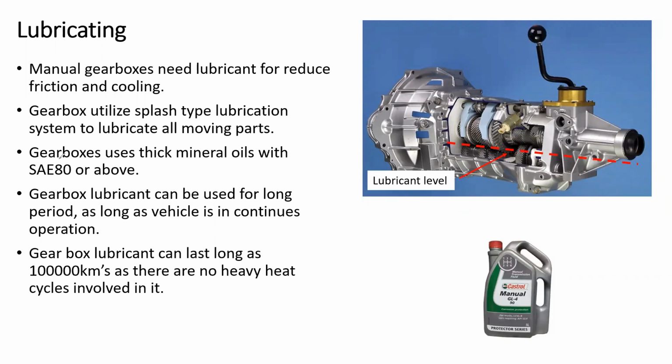As a result, the manual transmission lubricant can last as long as around 100,000 kilometers, so around 5 years. Afterwards, around 80,000 to 100,000 kilometers, the lubricant has to be replaced properly for gearboxes to work.